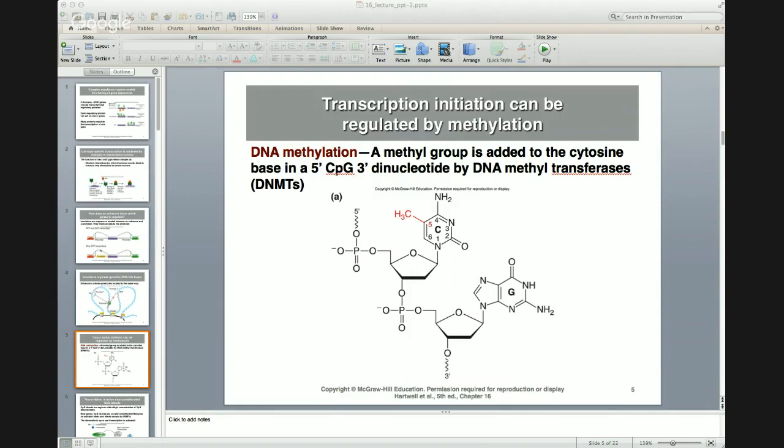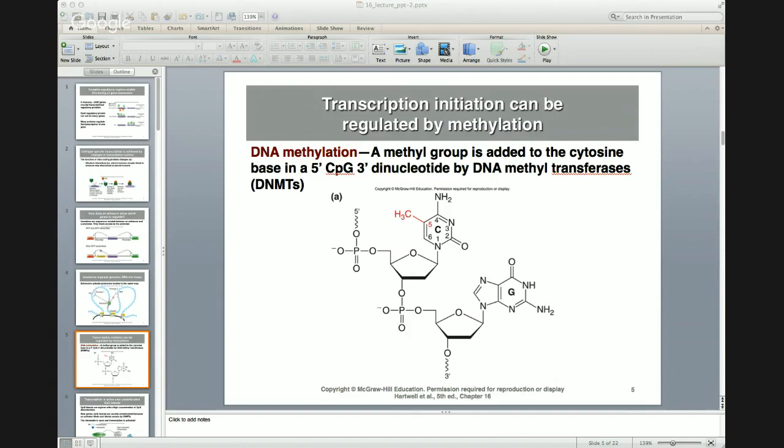There are proteins known as methyl CpG binding proteins that bind to these CpG islands and hence prevent activators from binding, cause this closed configuration of the chromatin, and decrease expression. So the take-home is that there's an inverse relationship between methylation and gene expression.